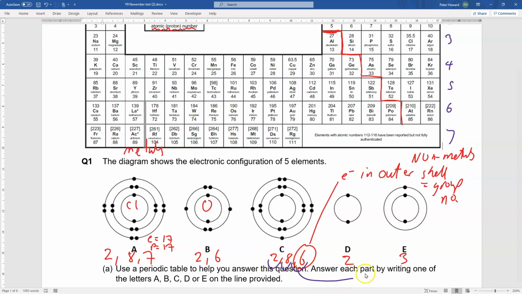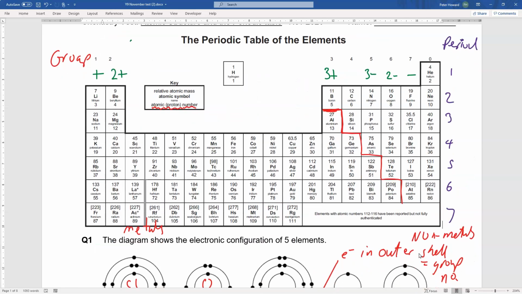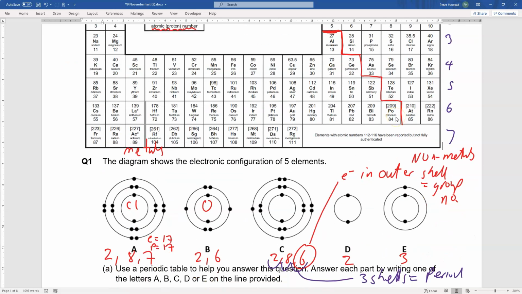The number of shells is equal to the period which the element is in. So we're looking for group 6, period 3. Here we have group 6, period 3, and we can find that one there is sulfur.